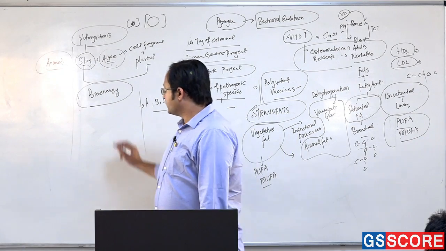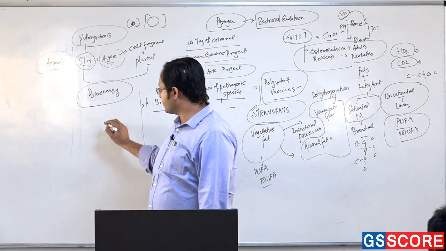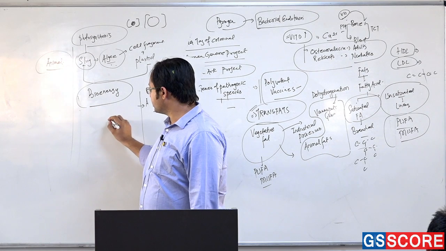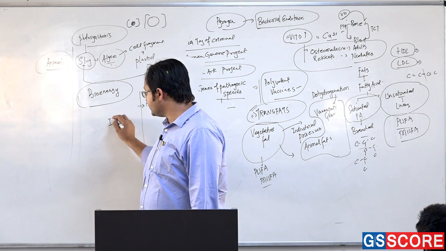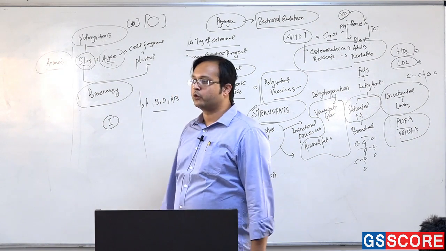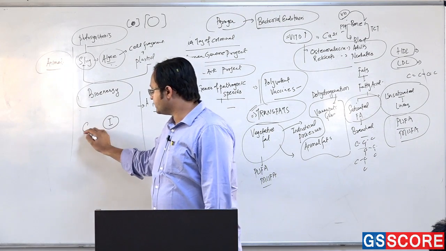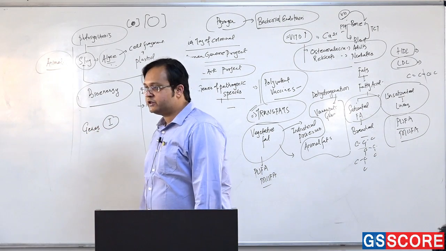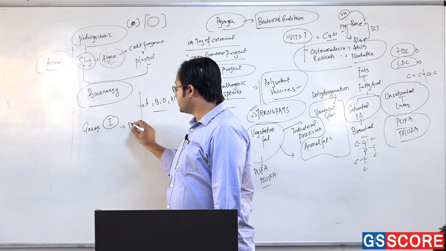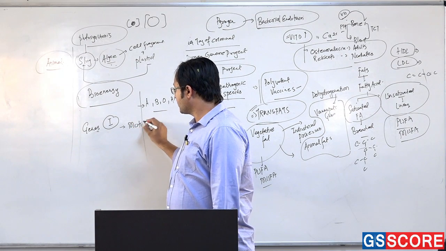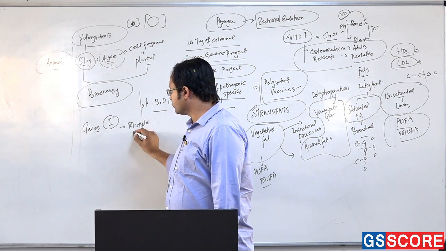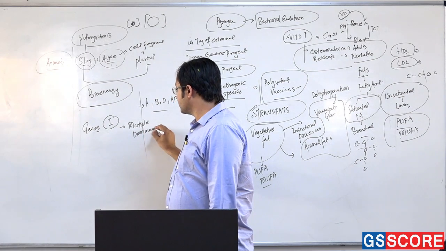Now, there are two major genes which are responsible. The first one is the gene I, which is responsible for coding different types of the proteins. This gene I has a particular importance that it shows multiple dominance.